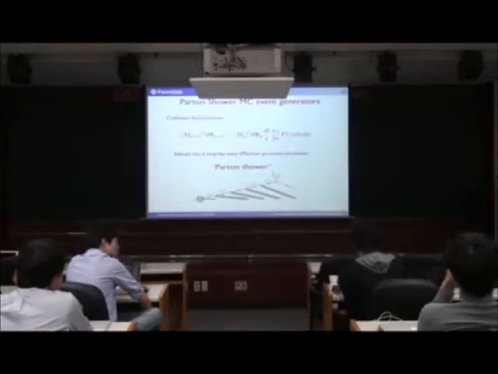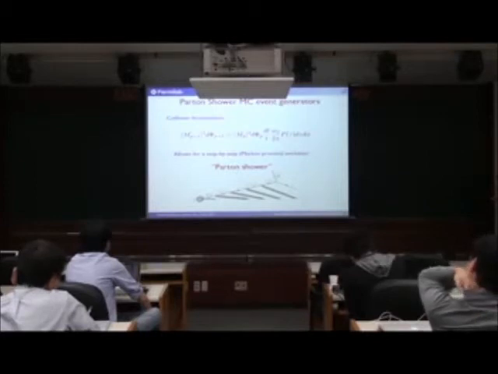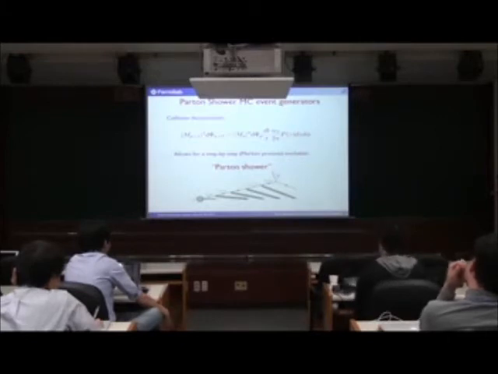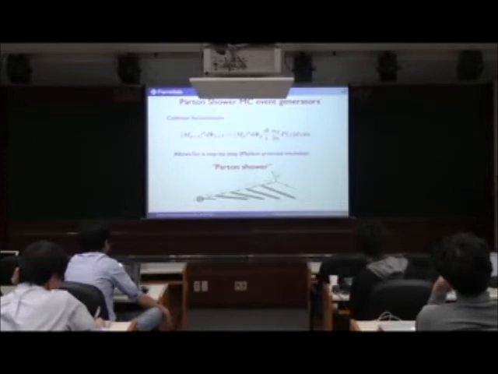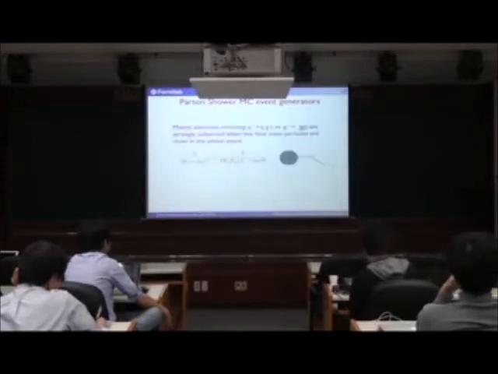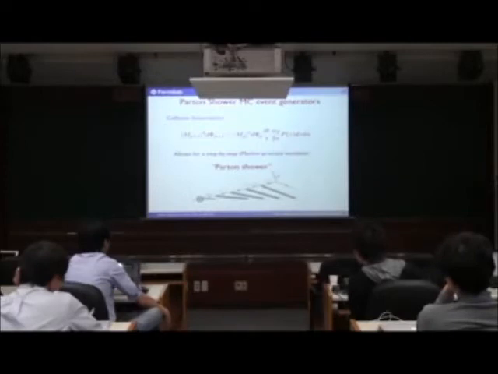So the matrix element for n+1 partons is approximately the matrix element for n partons times this new factor, which goes as 1 over t, where t is the virtuality or the invariant mass of the splitting particle. And then you have z, which is the momentum fraction taken by this particle. And then you have this function P here, which is a splitting function.